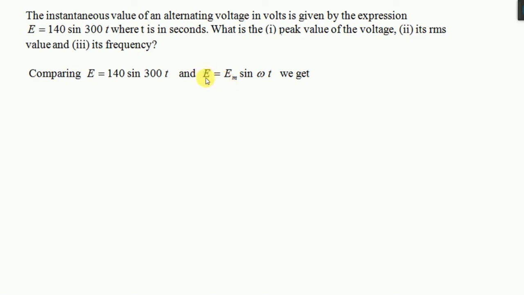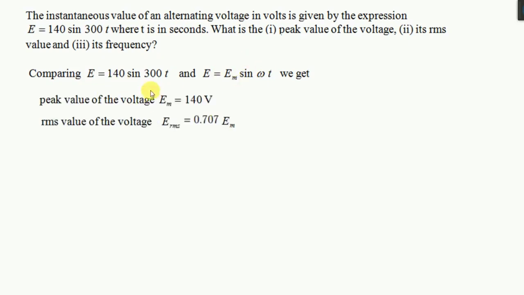So we can either use V or E, it's up to you. So by comparing these two equations you will find Em to be 140, and using Em you can find ERMS easily. And again by comparing these two equations you can write omega is equal to 300, and omega is equal to 2 pi into frequency, and frequency is omega by 2 pi. So now you can find the frequency also.